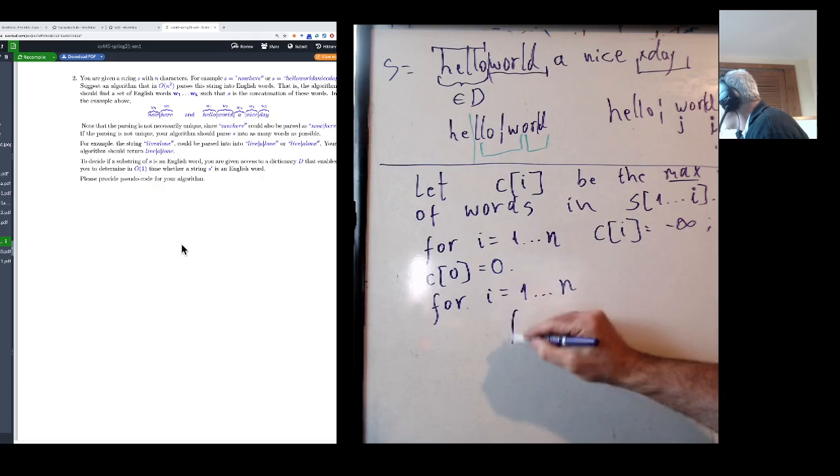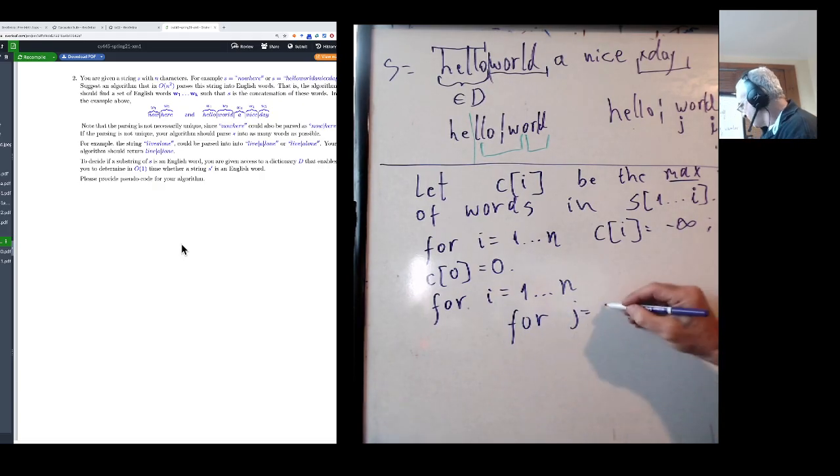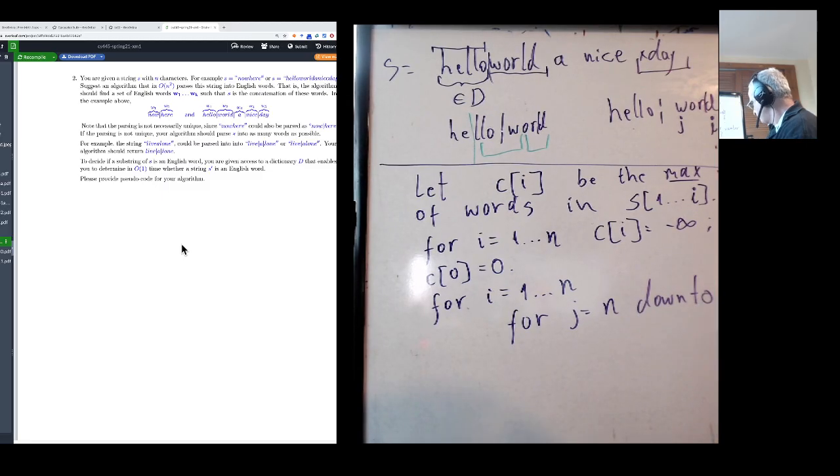It is for j starting at n down to 1, down to 0. That is, j is going backward. j is going to look at previous and previous values.